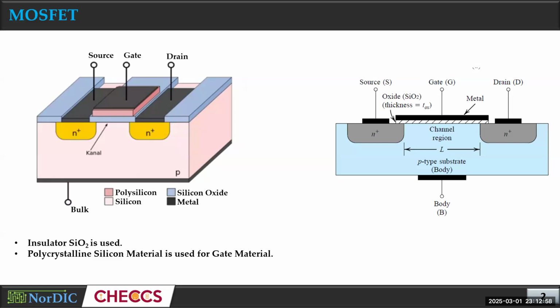The substrate will be the opposite one, P-type. If you have a PMOS, then the source and drain will be P plus, P-type material, and the substrate will be the opposite one, N-type material. That's the way you can know which type of MOSFET this is.